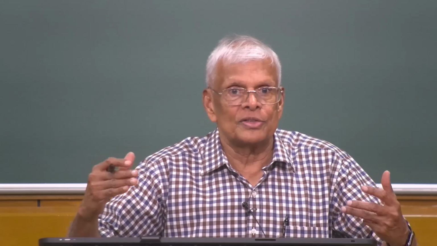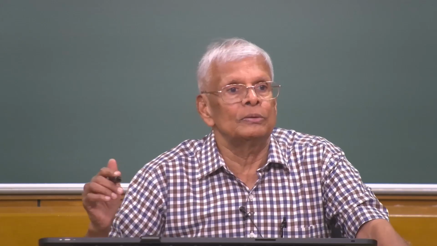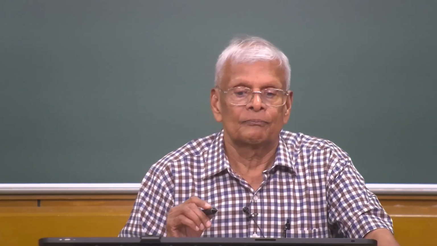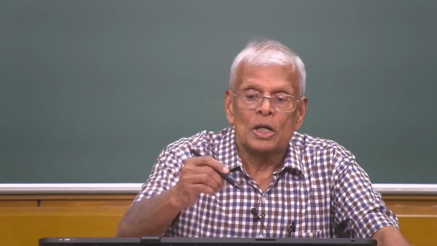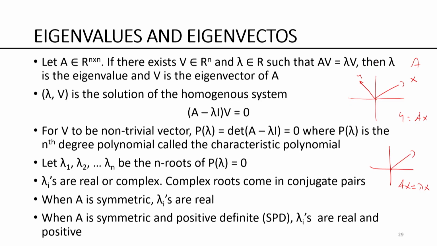Eigenvalue, eigenvectors come from German origin. So lambda is called eigenvalue, x is called the eigenvector. So if there exists a vector v and a lambda such that Av is equal to lambda v, then lambda is called the eigenvalue and v is called the eigenvector. So eigenvectors are called invariant direction. Invariant means what? The direction doesn't change under the operation of the matrix A. Everybody?